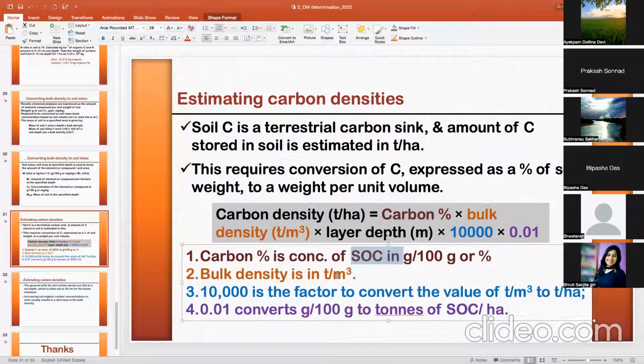Then bulk density in tons per cubic meter. And 10,000 is the factor to convert the value of ton per cubic meter to ton per hectare. And then multiplied by 0.01, which converts gram per 100 gram to tons of soil organic carbon per hectare. So you can use this formula to calculate the carbon content in tons per hectare. Is it okay, this formula? This is less confusing.